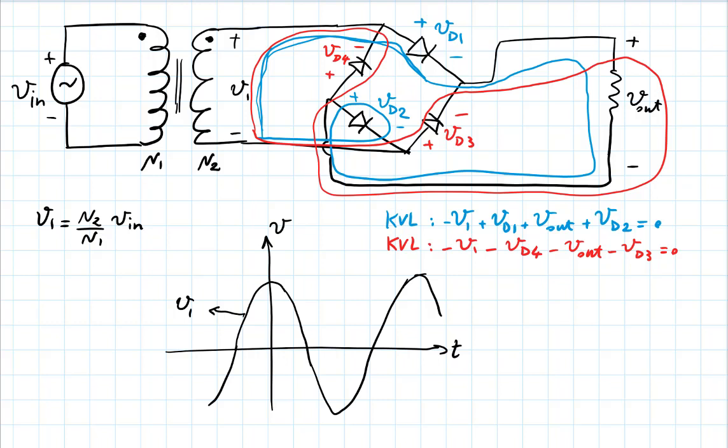And the situation is very symmetric. In the positive half of the cycle, D1 and D2 are on. Vout is equal to the input, or the scaled input, V1. In the second half of the cycle, the reverse situation happens. Vout becomes equal to minus V1, so this flips, and VD3 and VD4 become 0, and VD1 and VD2 become negative.